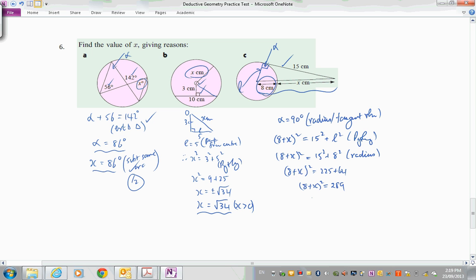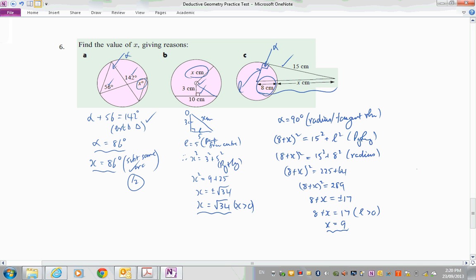So square root of 289 is 17. Okay, so we should put plus or minus 17, but it's got to be positive because our distance is positive, so it's 17, length is greater than 0, therefore x is 9. So that's an interesting little problem there, where we're using Pythagoras again.